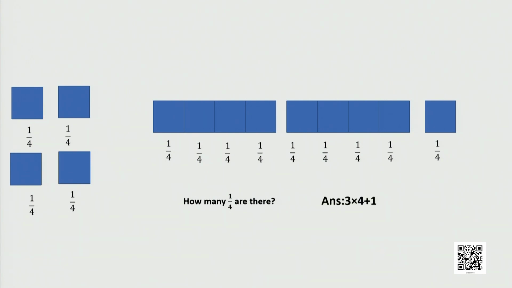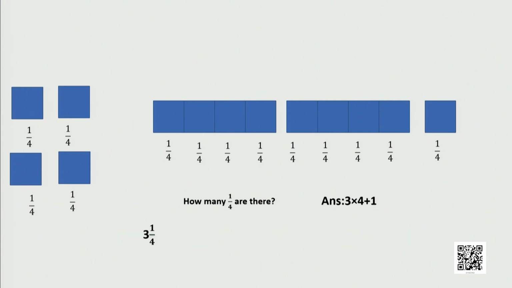So 3 times 4. Now you can understand why 3 times 4, because we had 3 rectangles and each rectangle has been divided into 4 equal parts, and the 1 represents the 1 quarter which was left over from the full rectangle. So I want to represent this entire thing in the form of a fraction. So how am I going to write it?